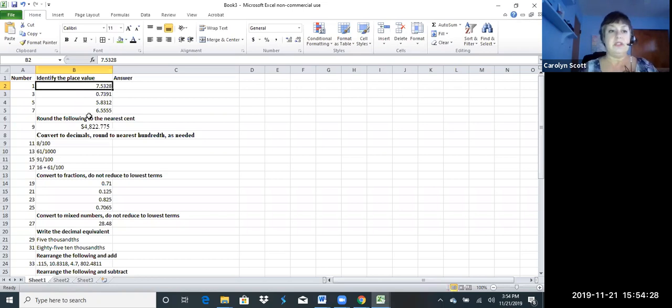When we talk about the place value, we're talking about how many of each there are. For instance, we have 7 ones. How many tenths? We have 5 tenths. How many hundredths? We've got 3 hundredths. How many thousands?